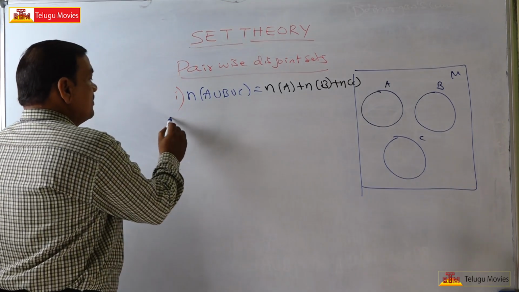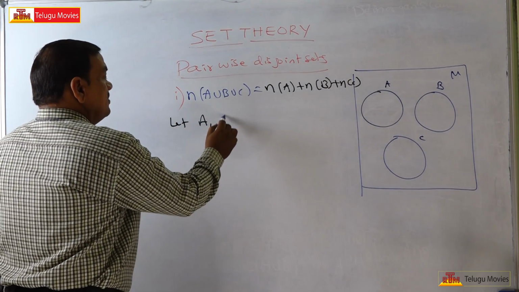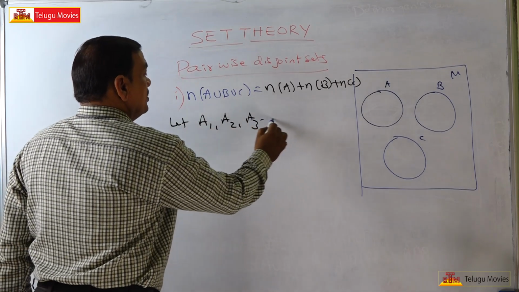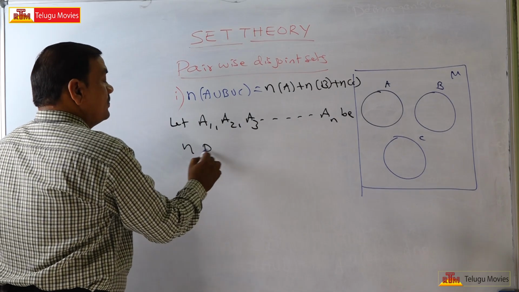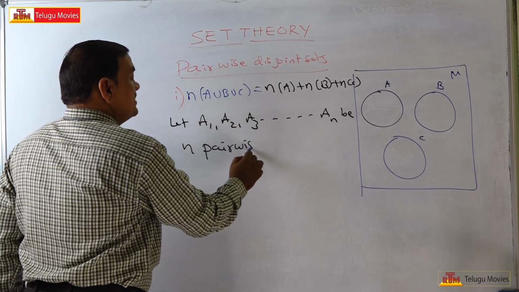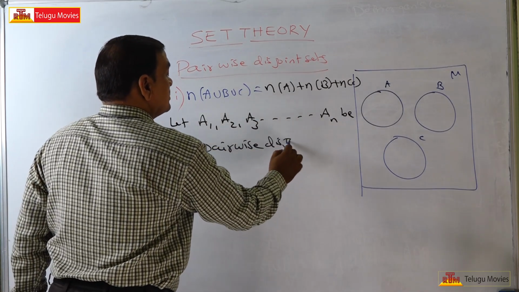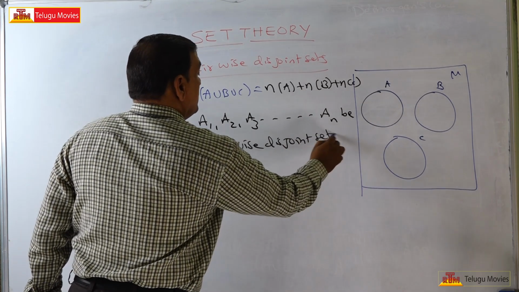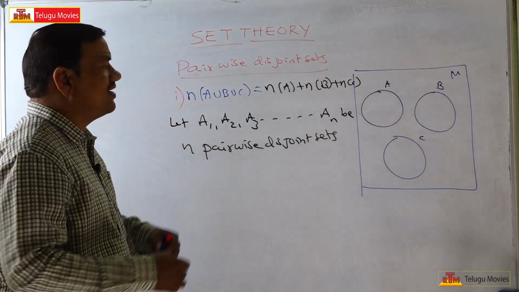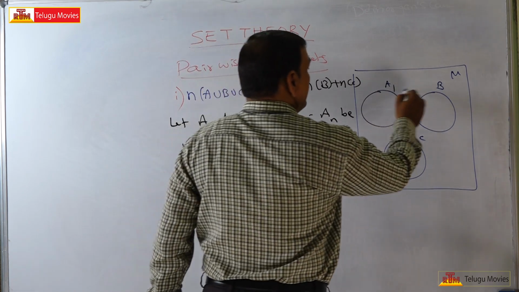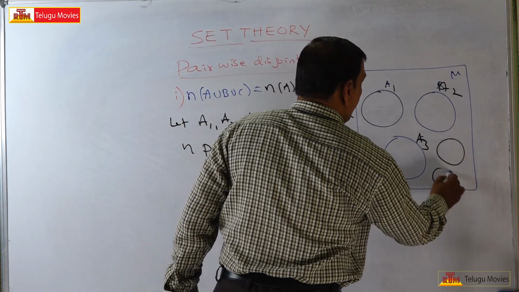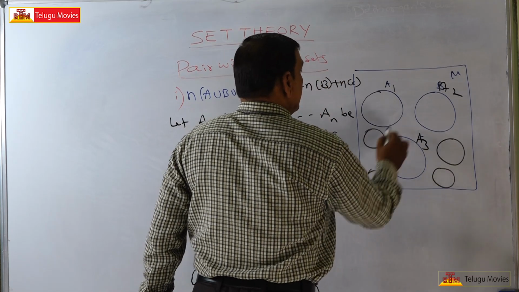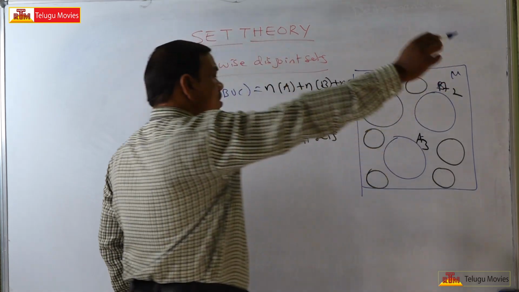Now, let us extend this concept to some n number of sets. Let A1, A2, A3, and so on up to An be pairwise disjoint sets. What is meant by pairwise disjoint? There are n sets: A1, A2, A3, A4, A5, and so on.